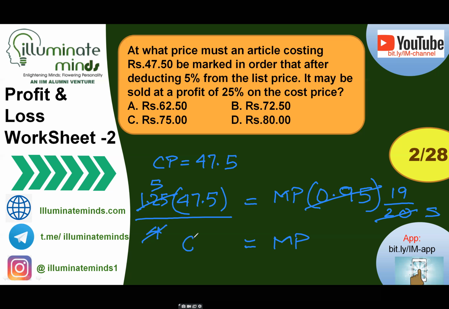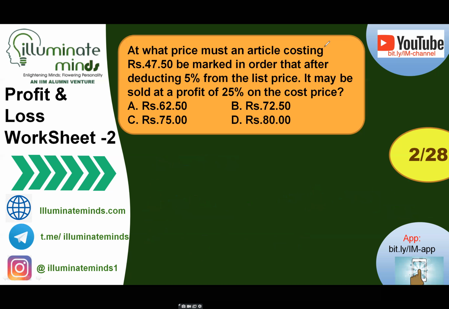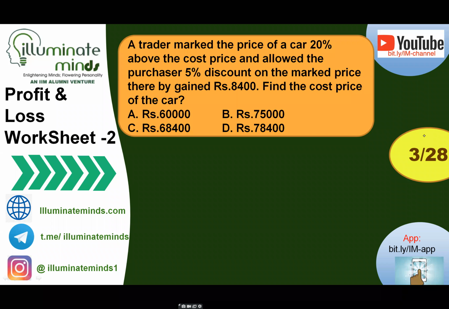So the answer will be 62.5. That's the mark price, the answer to the question. Okay guys, I hope this is okay with each one of you. So let's move to question number 3 of the sheet.